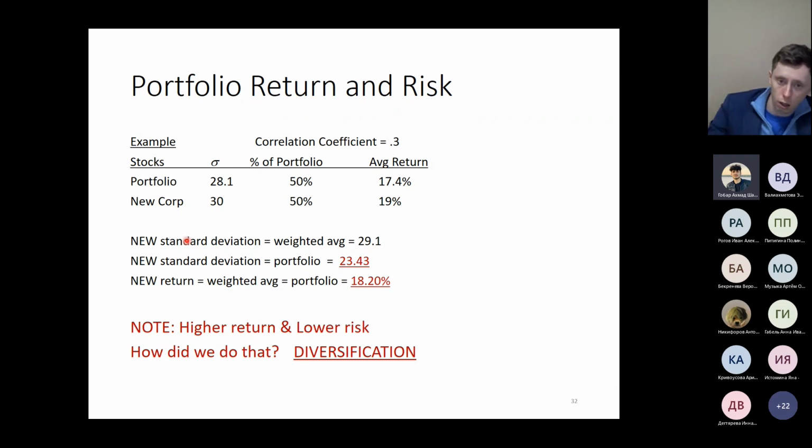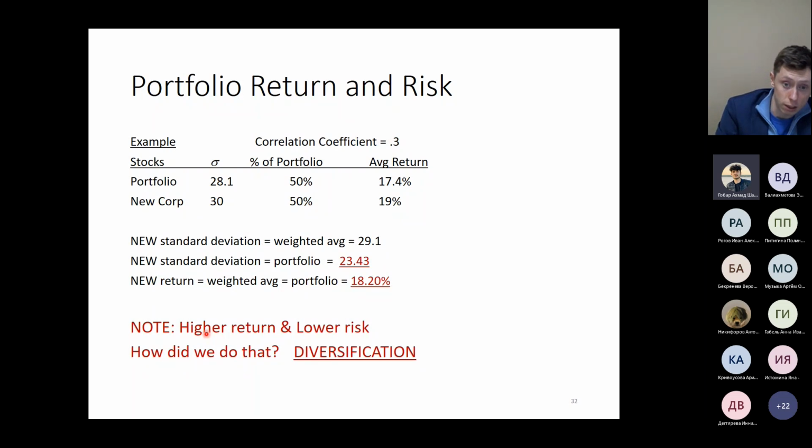Less risky, higher return. And how can it be possible that things are so good? This is the effect of diversification. This is how it works.